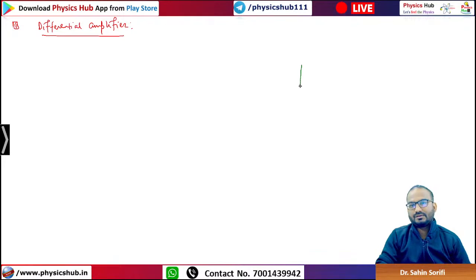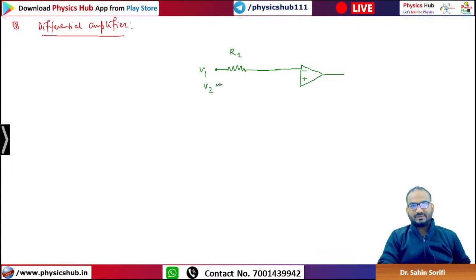Look at it once again. This op-amp will give you the feel of benzene, every time you need to draw it. We have one voltage source, let's say V1, connected with some input resistance, let's say R1. Another voltage source we have, V2, let's say that is connected by R2.